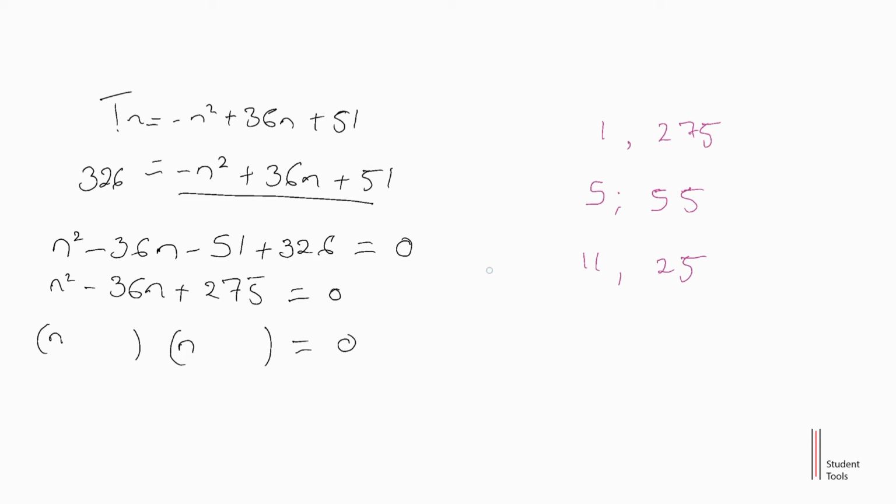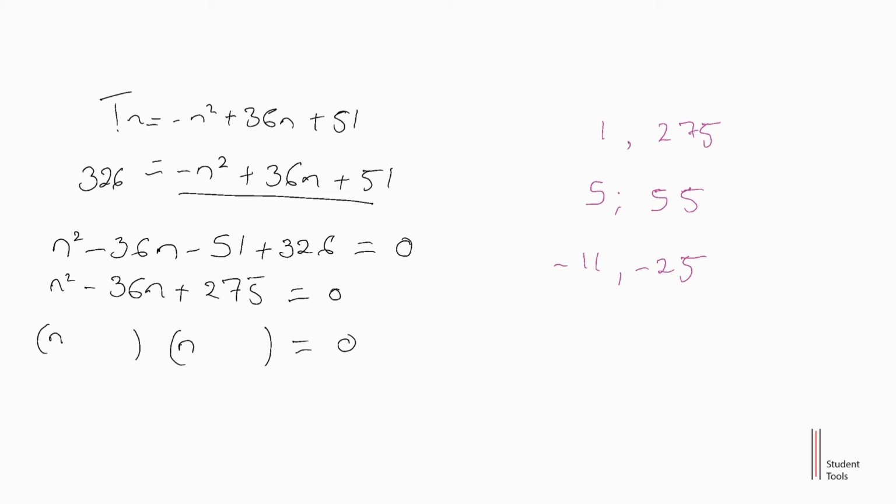So now we have to pick a pair which will give us an answer of positive 275 when we multiply the two factors, but those two factors have to give us an answer of negative 36 when we add them together. So I think we can use this pair, but both factors have to be negative. Why? Because negative 11 multiplied by negative 25 is equal to a positive 275.